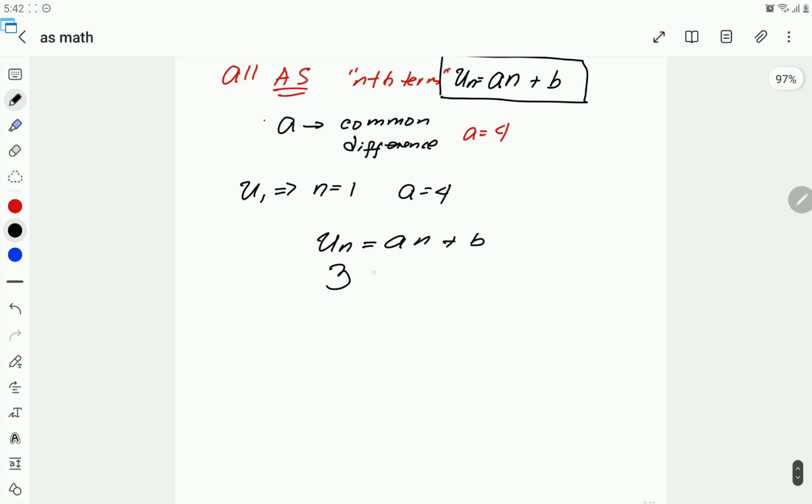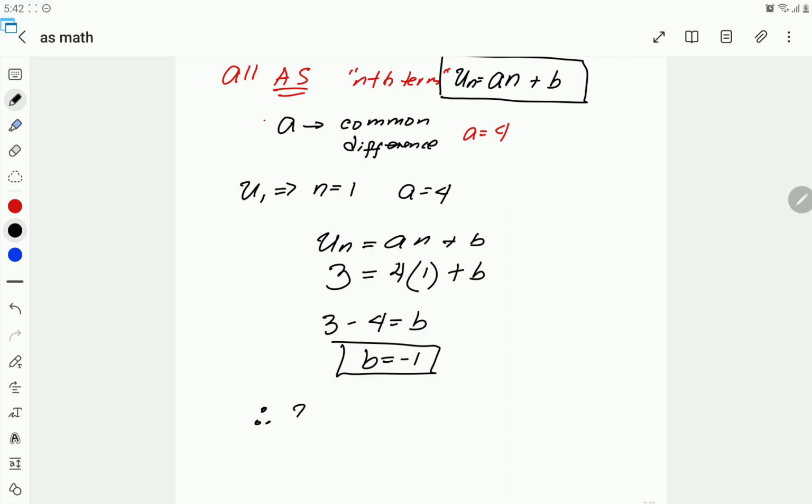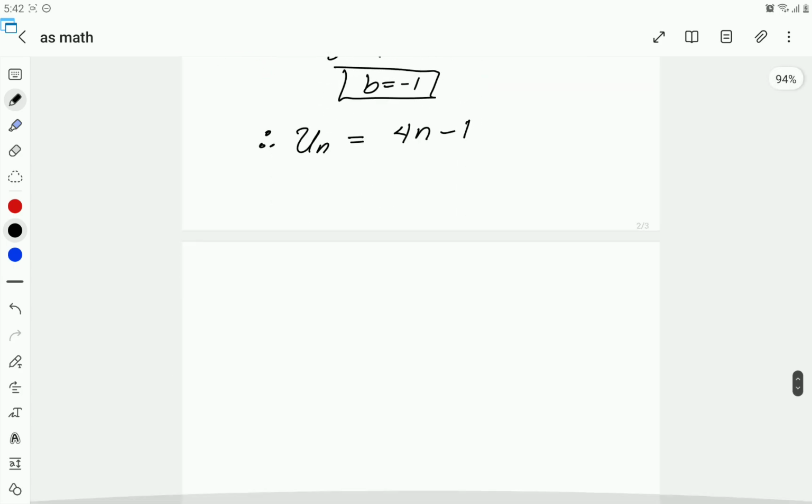Our first term 3 is equal to our A, which is 4, times 1, plus the B. So 3 minus 4 is equal to B. B is equal to minus 1. So therefore, the u sub n, the formula for the nth term, is now equal to 4n minus 1. Okay, so that's how you're gonna find the nth term of this sequence. Let's try to have more examples.